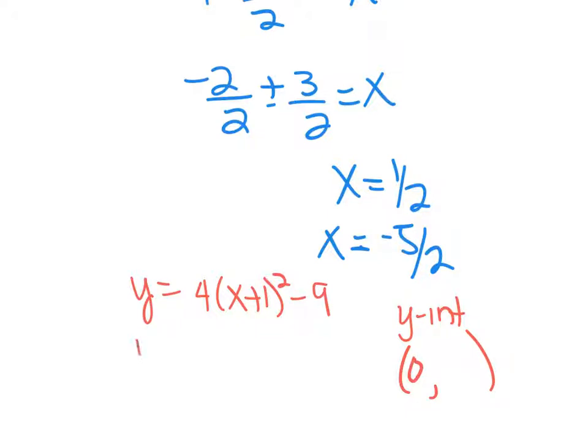So y is equal to 4 times 0 plus 1, quantity squared, minus 9. 0 plus 1 is 1. 1 squared is 1. 4 times 1 is 4. And 4 minus 9 is negative 5. So there is your y-intercept.